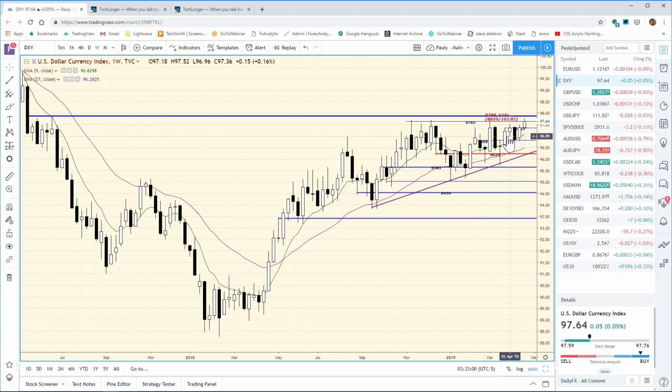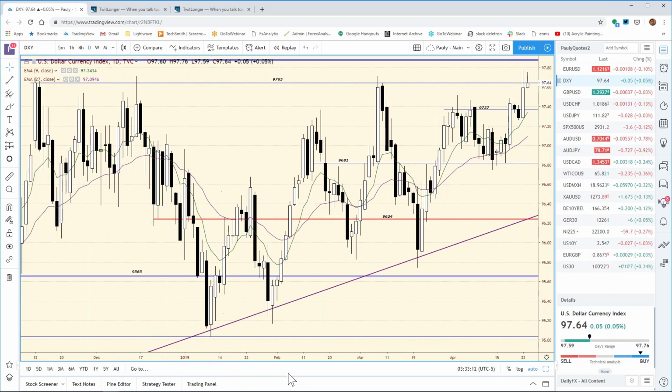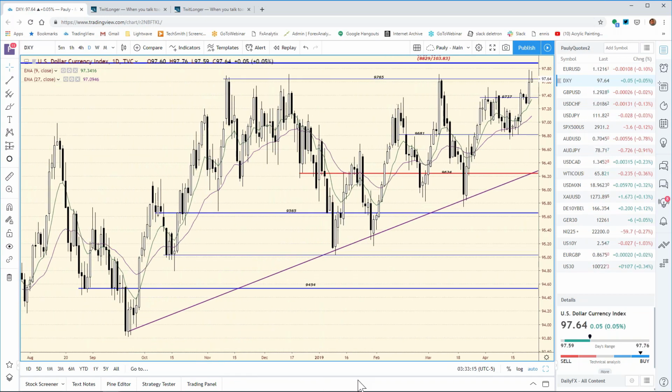What we do once we get up there, we'll just have to see, but it certainly looks like it's poised for that. Now, that being said, here's that 97.65, and we weren't able to close above it. It'll be interesting to see what the market does today if we're still not able to make this close below 97.65. Well, if the GDP comes out okay, we'll probably end up taking out that 97.89 and closing above it.